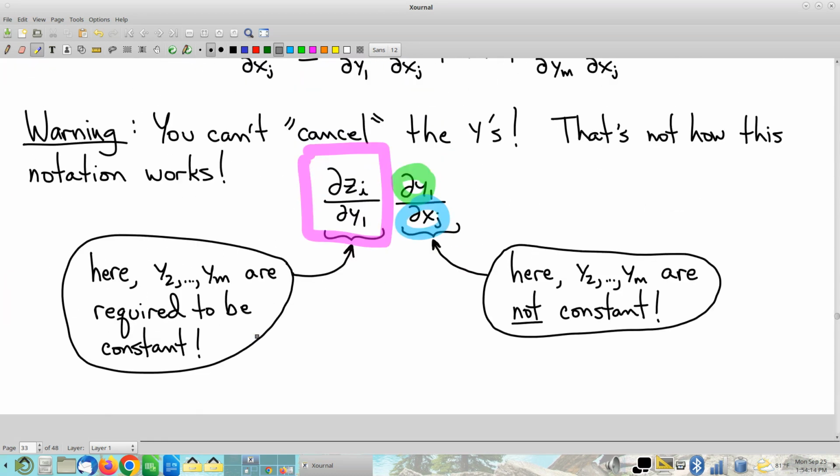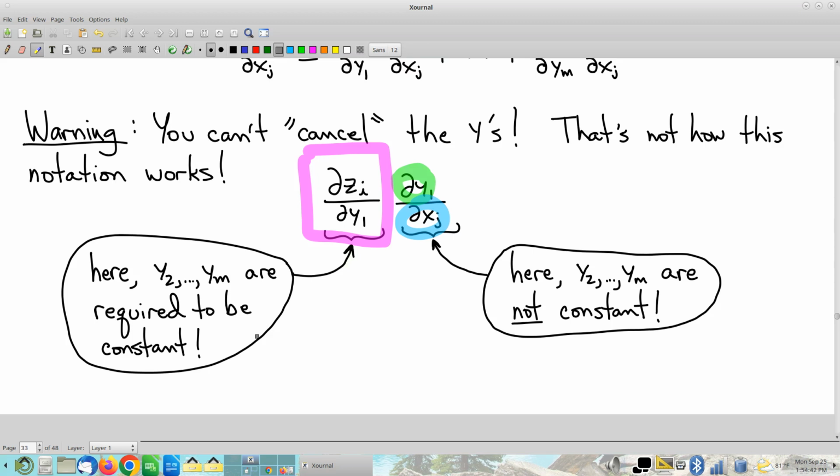So when we say partial zi with respect to y1, the idea is that zi is a function of a list of variables, in this case y1 through ym. And a partial derivative says all those input variables have to be held constant, except for the one that you're taking the partial with respect to. That's just the definition of a partial derivative. Does that make sense? Yeah.